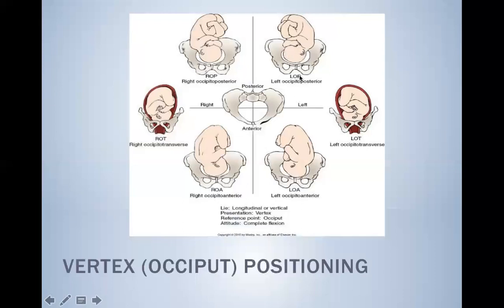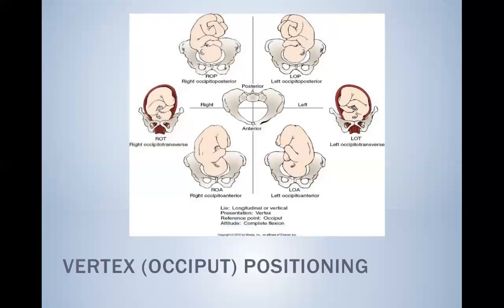In these OP babies, occiput posterior, mom is going to experience significant pain in her back. We refer to that as back labor. And that is, again, because the majority of the baby is facing up against her back. So that's where a lot of the pushing and pulling is occurring.